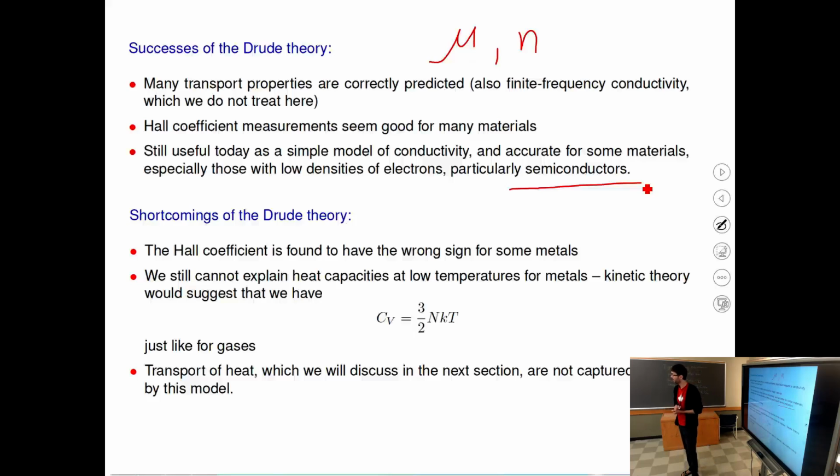Yeah? What is finite frequency conductivity? Well, like it says, we will not treat it here, but since you asked, I can say a couple of things. All of these theories get modified somewhat or quite a bit if you assume that the current is high frequency.